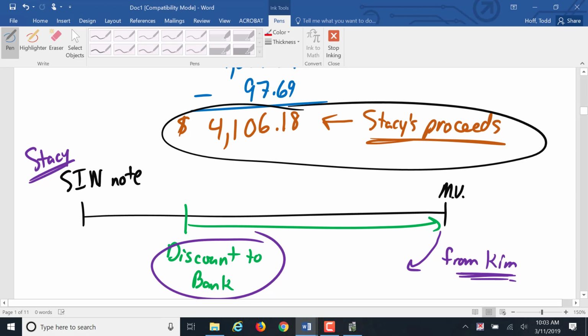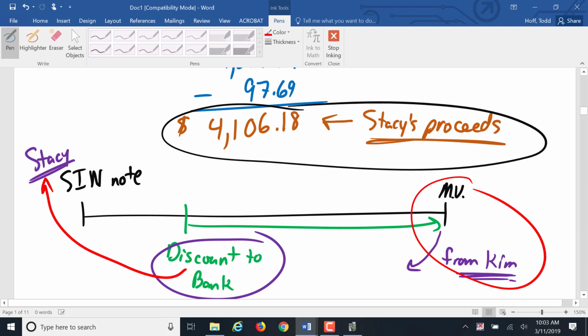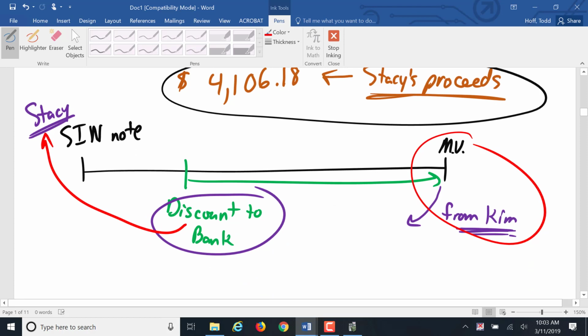So if this original note does not get paid on time, the bank can go back to Stacy and collect from Stacy. That's who the bank has the contract with. So at that point, of course, Stacy would have to go after Kim to get the money that's owed on their contract. This is what's referred to as a contingent liability.